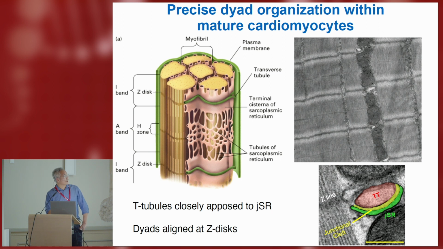So this is a more realistic three-dimensional cartoon showing the plasma membrane with the invaginations and then the adjacent sarcoplasmic reticulum, which you can see on this EM. Here's the Z line with the T-tubule, and then immediately opposed to it is the junctional SR. Again, I want you to notice that the T-tubules are really tightly adherent to the junctional SR, and that all of these are aligned at the Z lines.